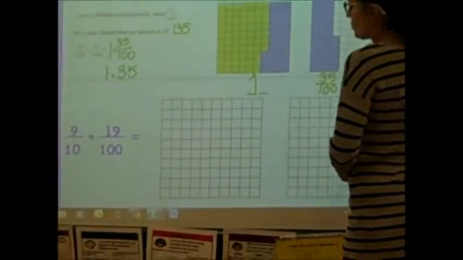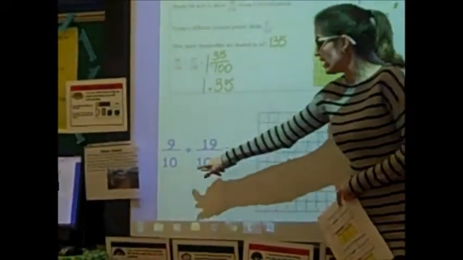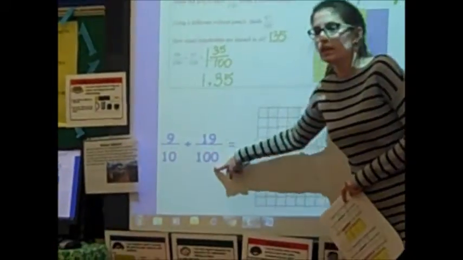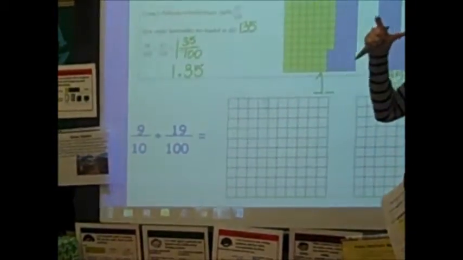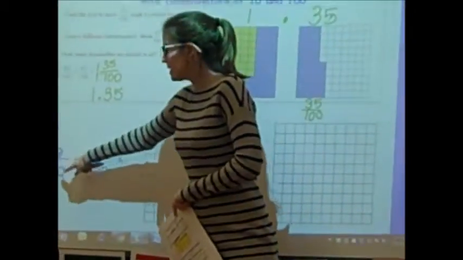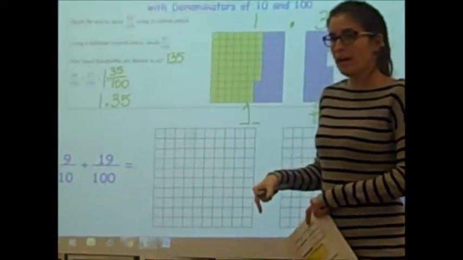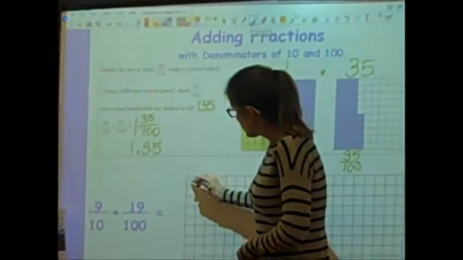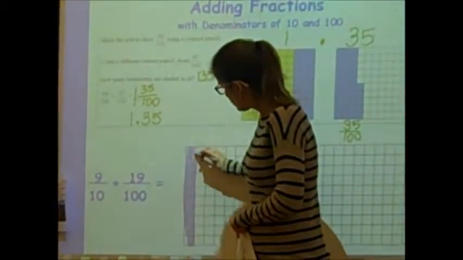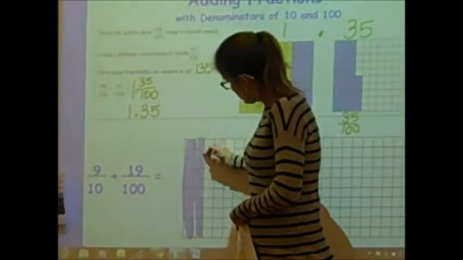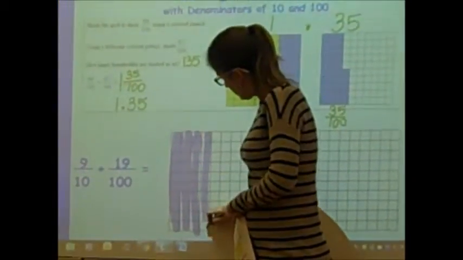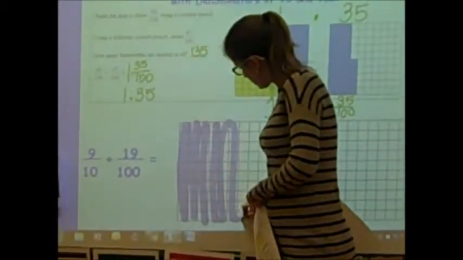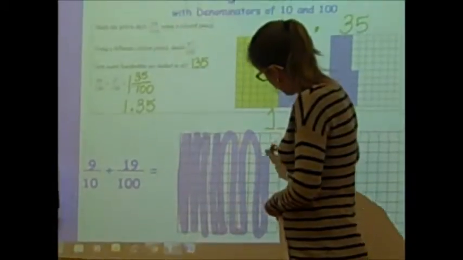So then on the next one, you see our denominators are different. We have tenths and hundredths. This is where it comes in handy, knowing 9 tenths is the same as 90 hundredths. So when we're shading on our grid, 1, 2, 3, 4, 5, 6, 7, 8, 9.